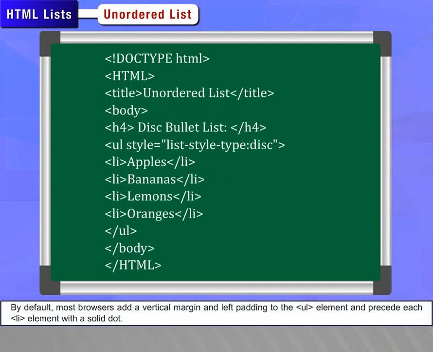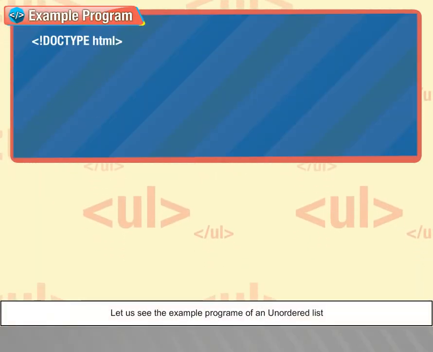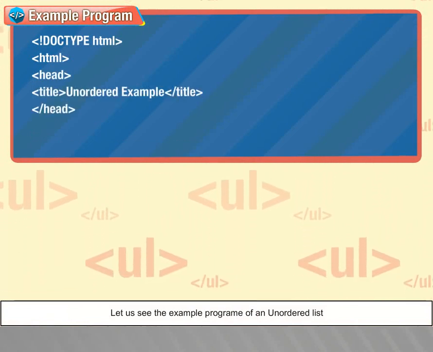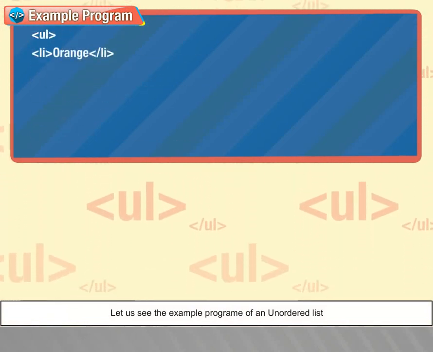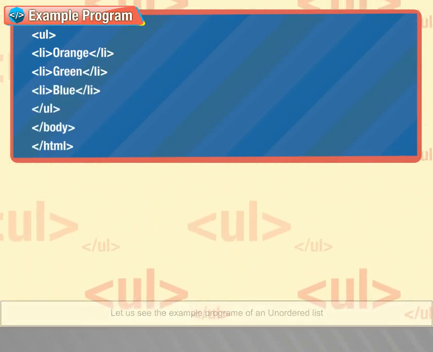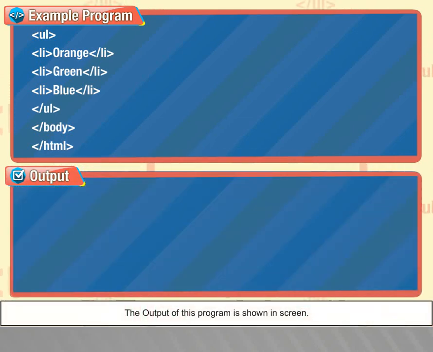By default, most browsers add a vertical margin and left padding to the UL element and precede each LI element with a solid dot. Let us see the example program of an unordered list. The output of this program is shown in screen.